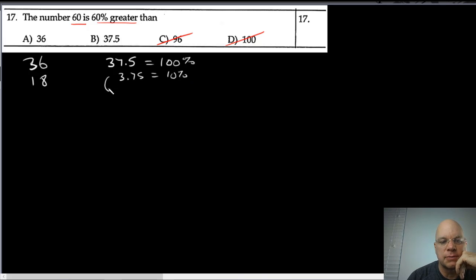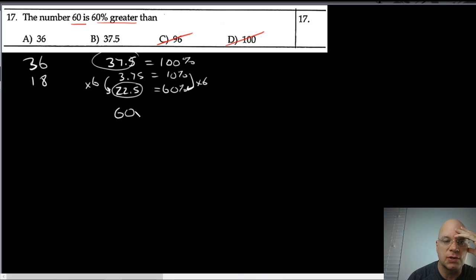And if I multiply that times 6, that'll be 60%. 2 times 75 is 150, and 3 150s is 450, and 18 is 2250, so 22.5. If I add that to 37, I get 59 and one more whole, so 60. So answer choice B. I'm fairly sure there was an easier way to do that.